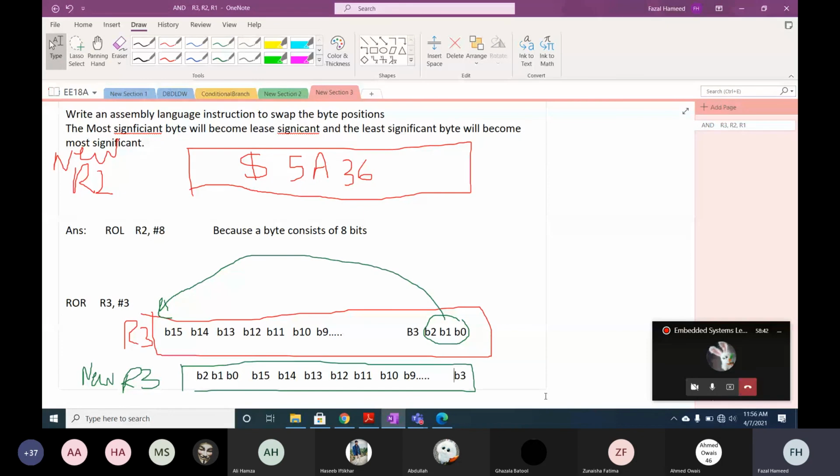The logical shift right instruction provides division by 2 raised to power n. Rotate left and rotate right can be used to move the least significant bits to the most significant positions, or to rotate the most significant positions to the less significant positions.